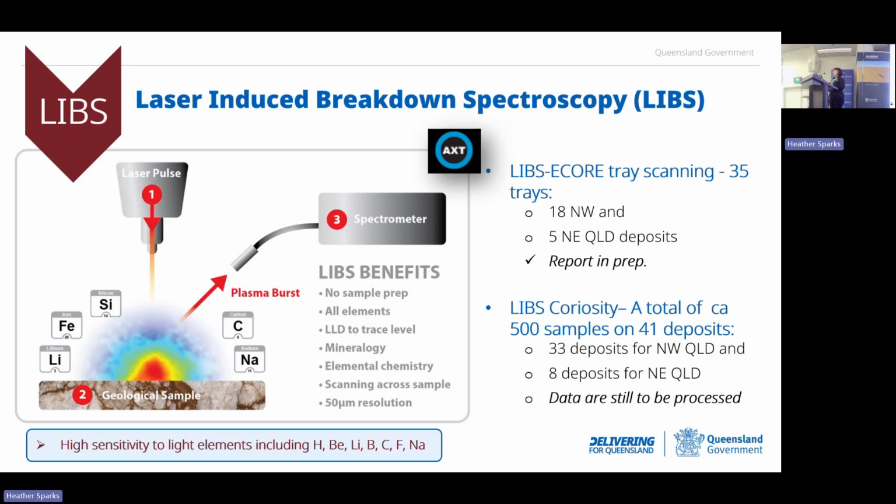Very nice technology. It's a very fast scanning. It doesn't need a lot of preparation. That's why we could scan trays and trays of core. But the most important benefit of this analytical instrumentation is the capacity to analyze some light elements. And we know how difficult it is to analyze lithium, boron, and this sort of light elements with any other analytical equipment.